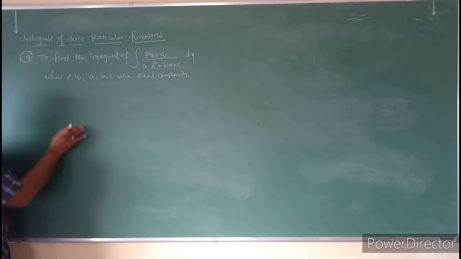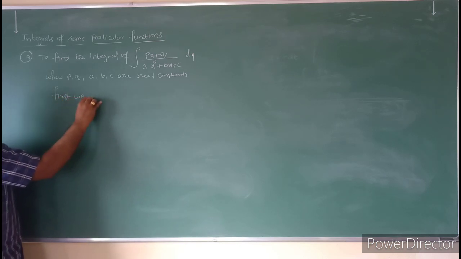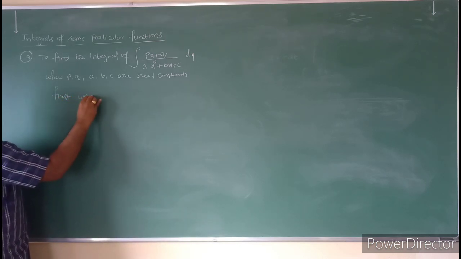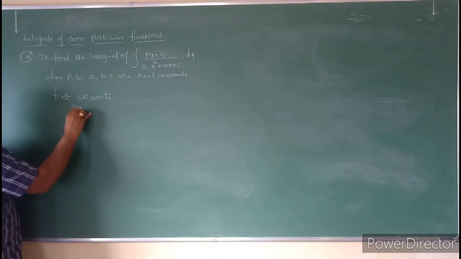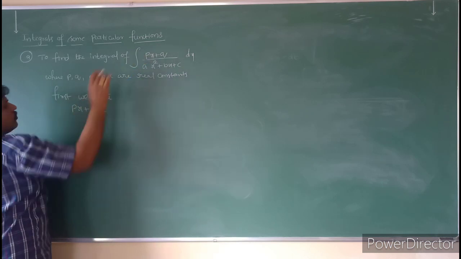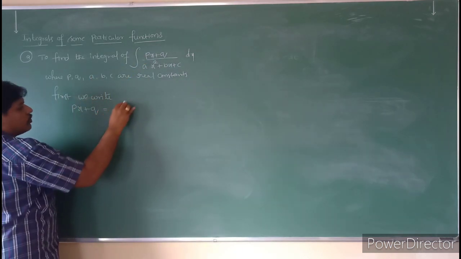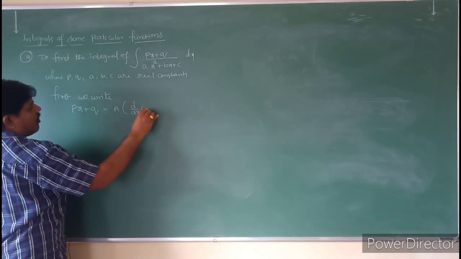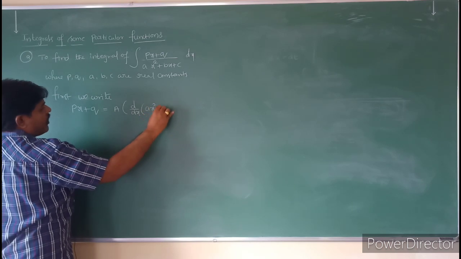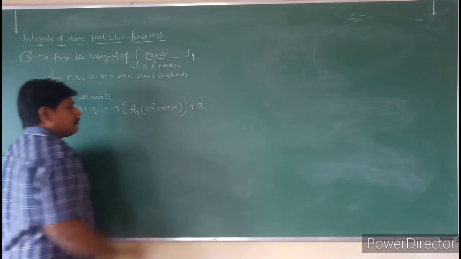First we write px plus q is equal to a into derivative of ax square plus bx plus c plus b.